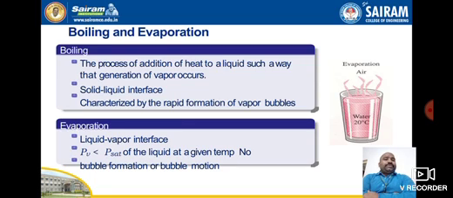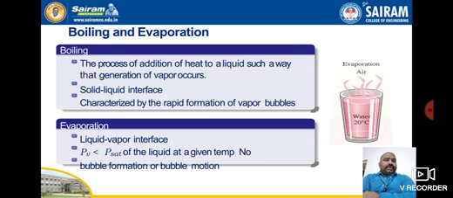So first, what is meant by boiling? Boiling is a process of addition of heat to a liquid in such a way that generation of vapor occurs at its solid-liquid interface, and it is characterized by rapid formation of vapor bubbles.